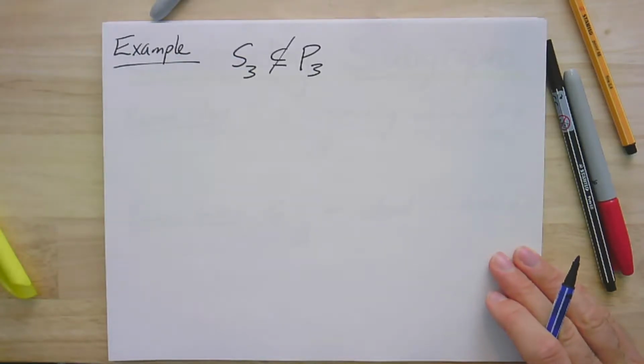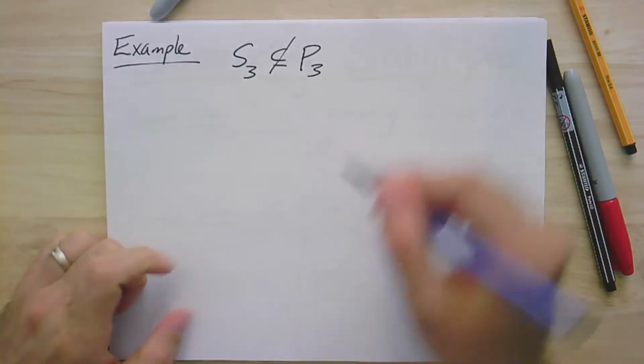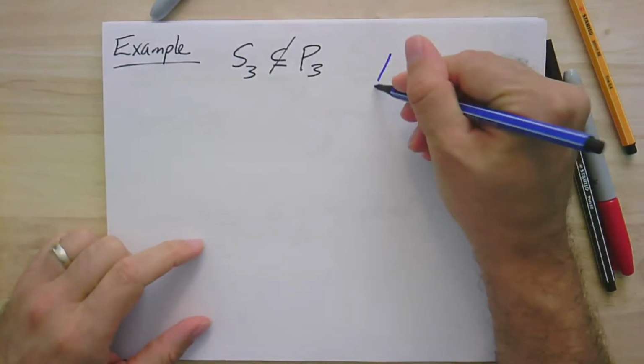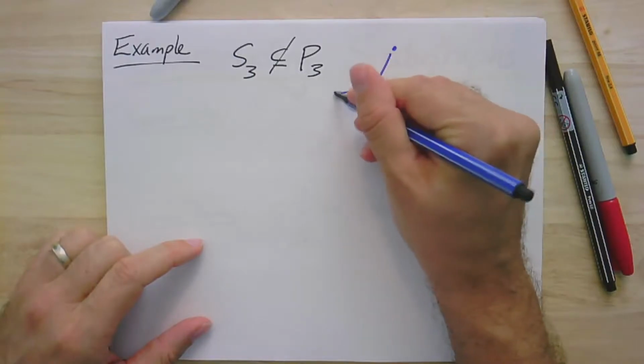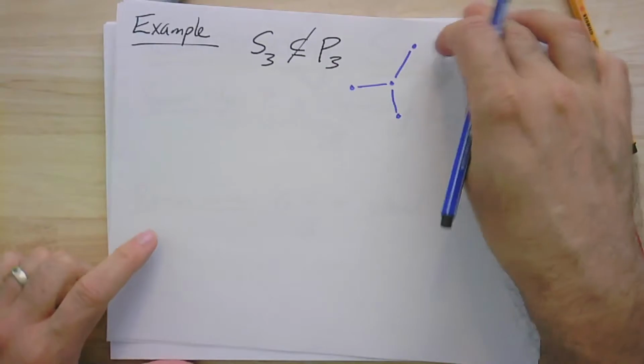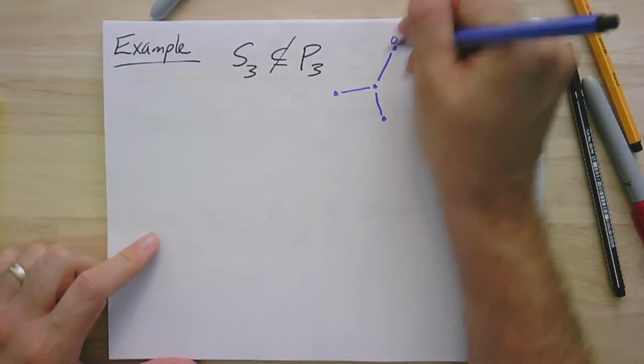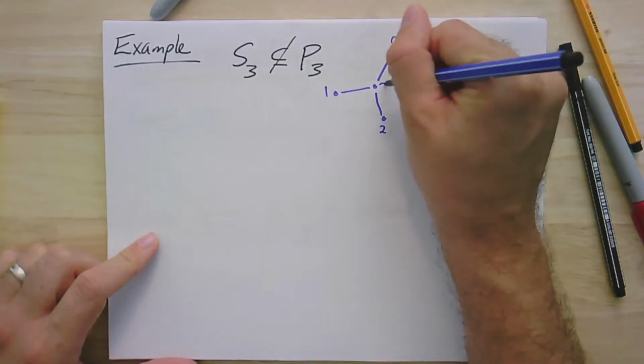And let's just check an example where they're not subsets. So in this case, I've got S3. Let's draw a picture of it. That looks like this. It's got three spokes, if you will, 3 points on this star, and we numbered them 0, 1, 2, 3.